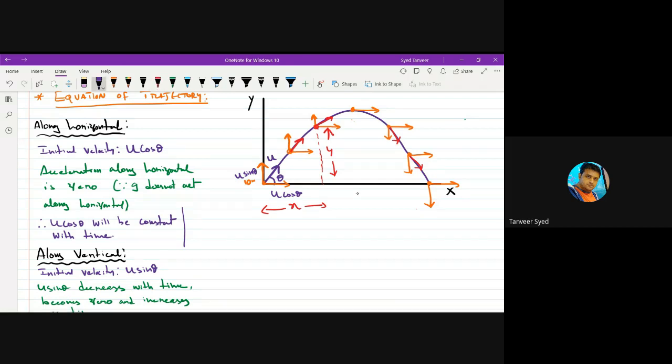Now, can we write the horizontal displacement of projectile in time t is x is equal to u cos theta into t. Displacement is velocity into time. That means time is x by u cos theta.